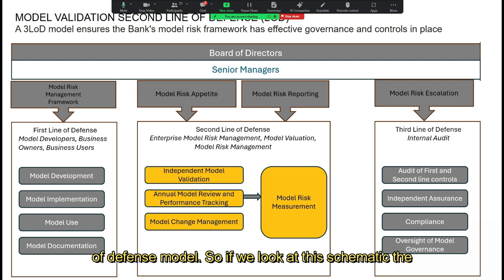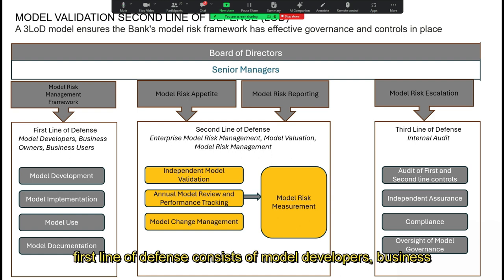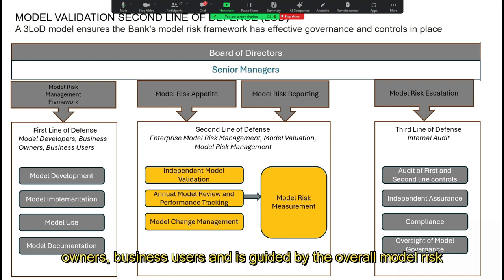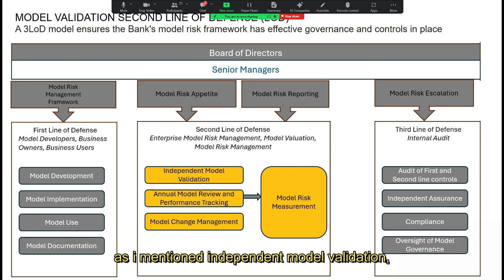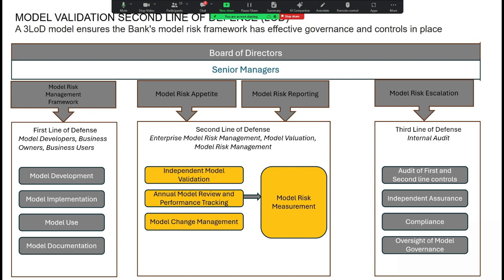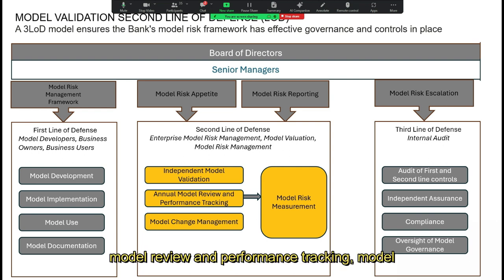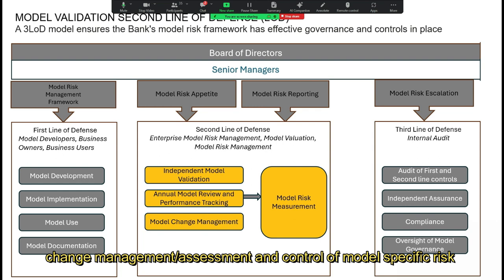If we look at this schematic, the first line of defense consists of model developers, business owners, and business users, and is guided by the overall model risk management framework. Model validation sits within the second line of defense, the overall enterprise risk management framework, and is responsible for, as I mentioned, independent model validation, model review and performance tracking, model change management, and assessment and control of model-specific risk.